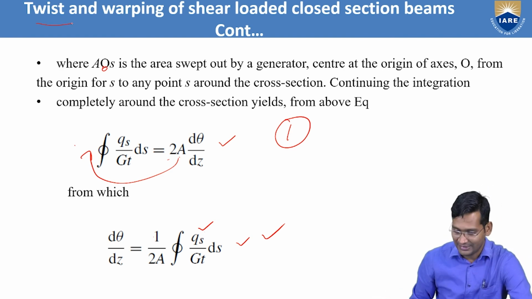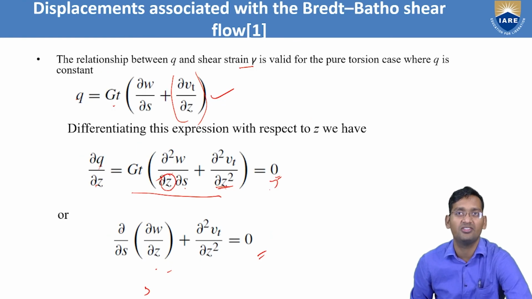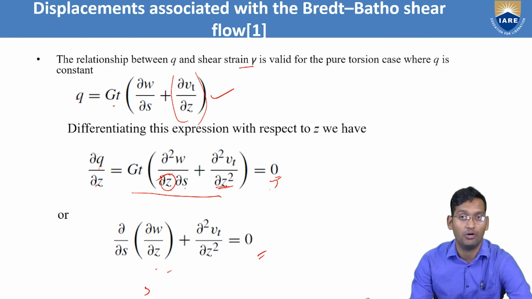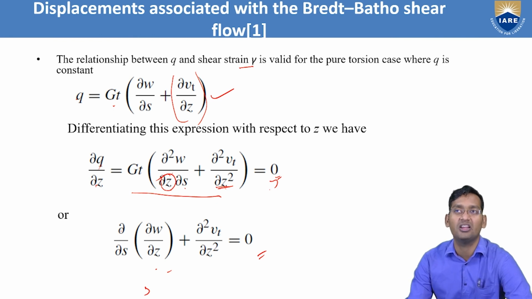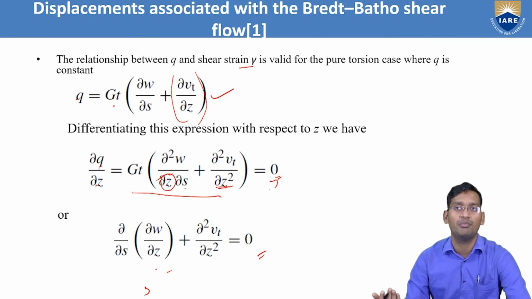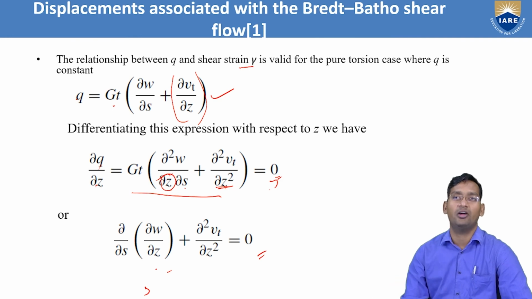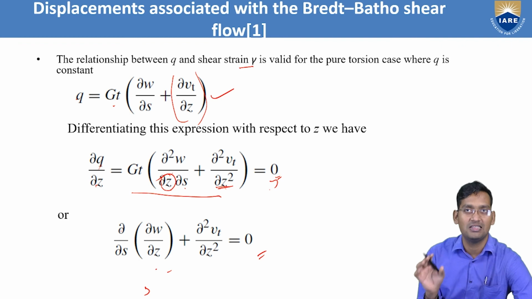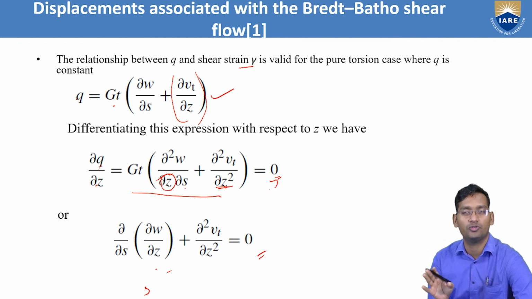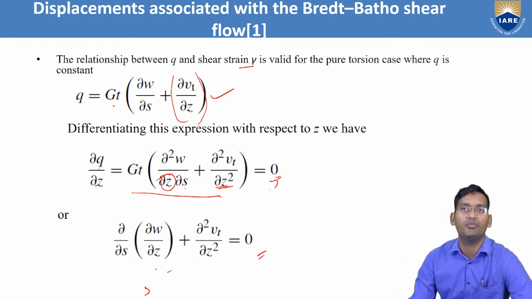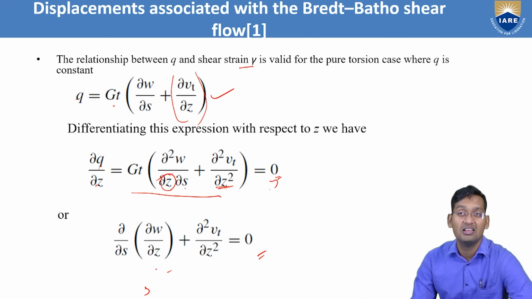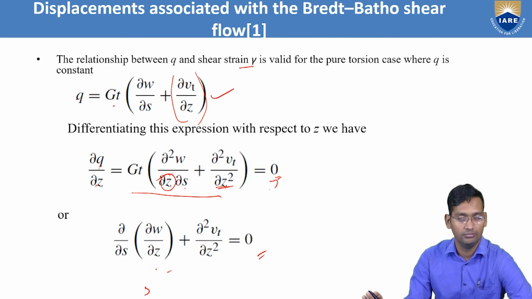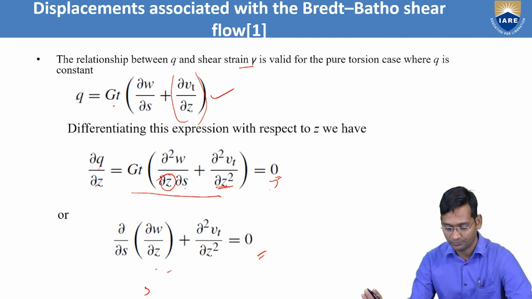Now next is a similar concept, that is displacement associated with the Bredt-Batho shear flow. Generally we call it the Bredt-Batho formula also. In the exam that can be asked, like write or derive the Bredt-Batho formula. It's not necessary that they will give the whole thing. If they ask for displacement associated with the shear flow, the meaning is the same: you have to derive the Bredt-Batho formula.